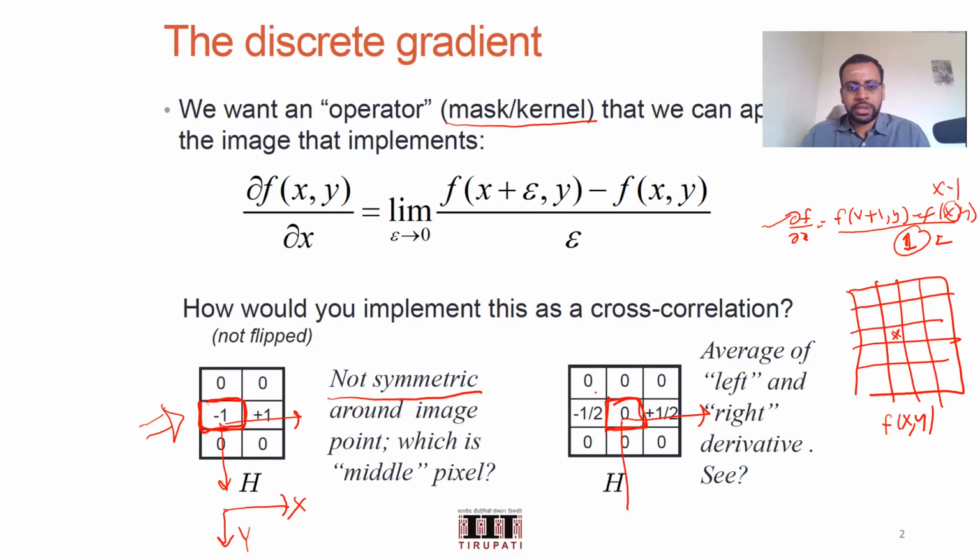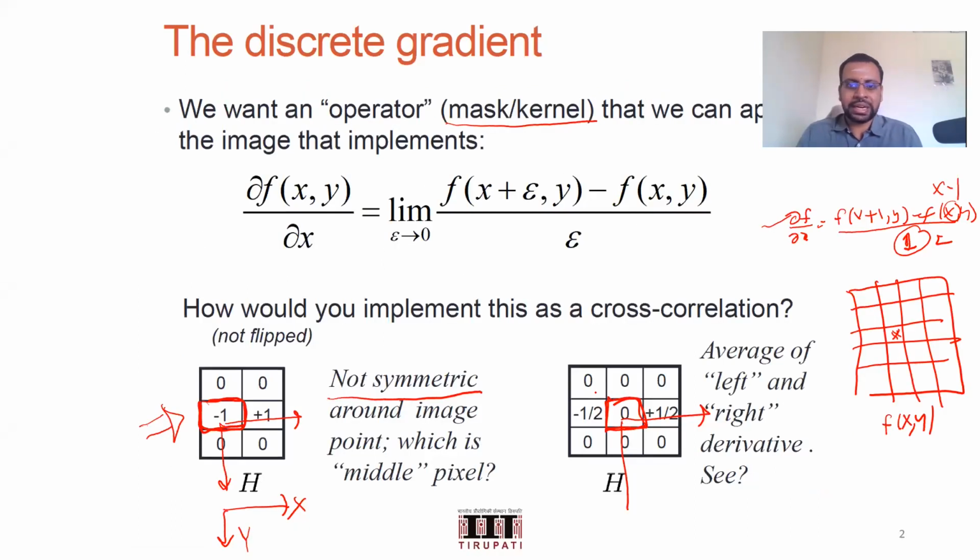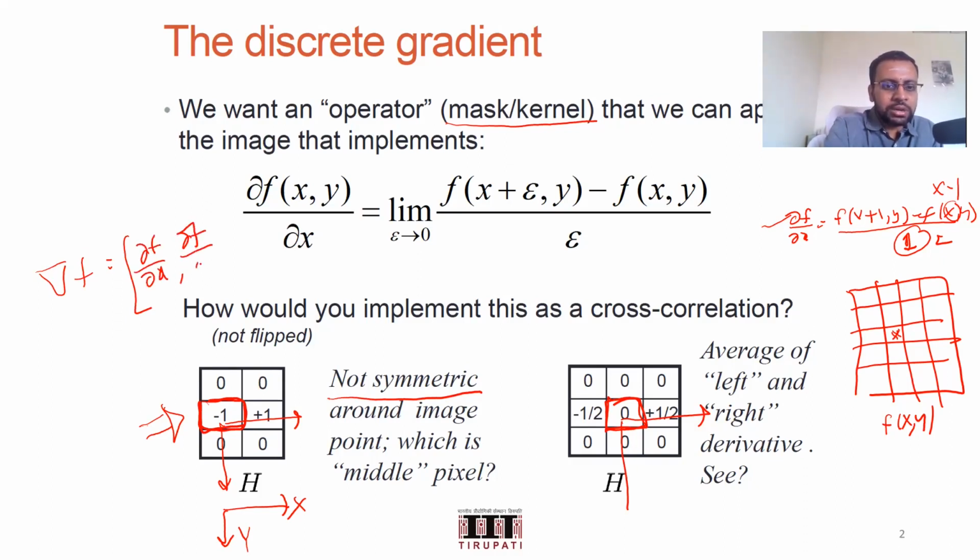Now, for the sake of simplicity, let me go back to a 1D version of applying this. Anyway, we have discussed it at length in the previous class. The gradient that you would compute in the 2D case is nothing but a vector that gives you ∂f/∂x comma ∂f/∂y.